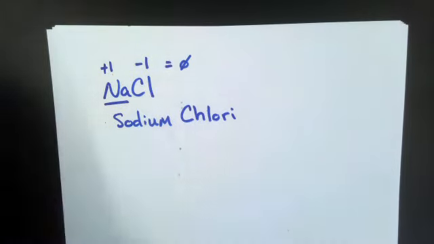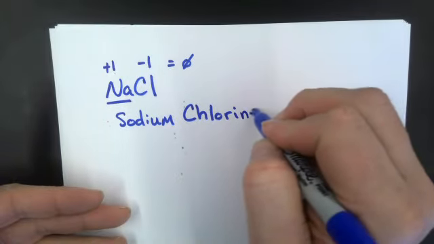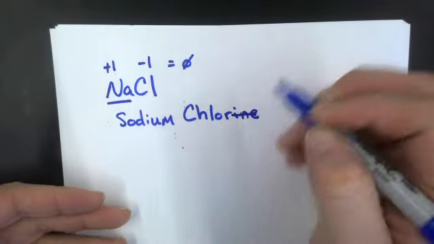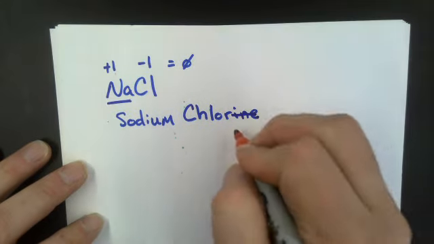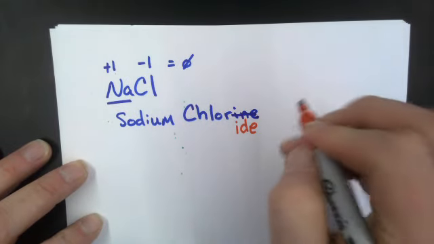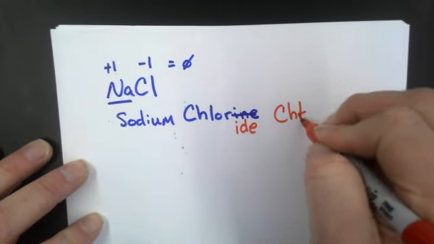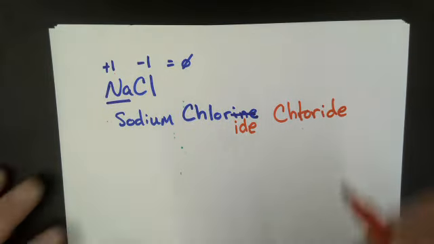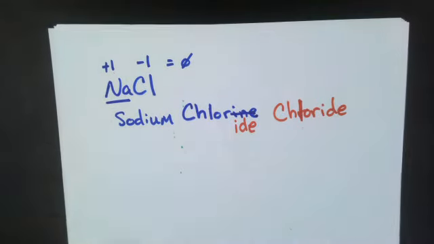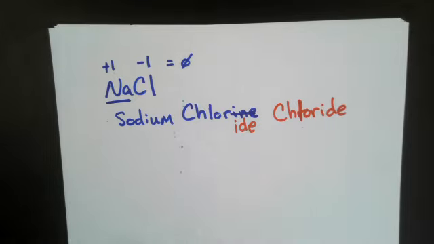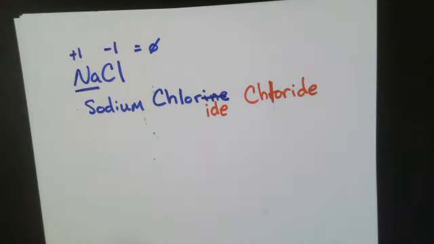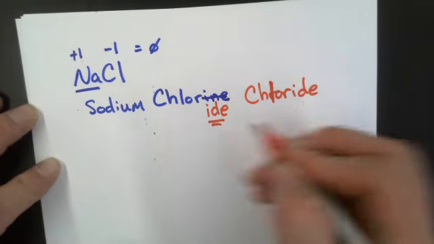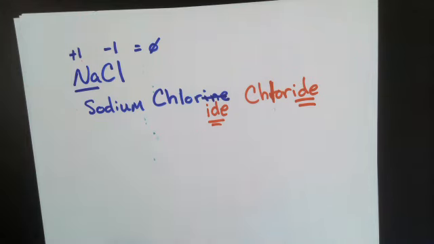So instead of chlorine, we're going to take off the last 3 letters and add the IDE to turn it into chloride. Okay? This should be an L, and I apologize for that. So this is sodium chloride instead of just sodium chlorine. And again, the IDE ending is telling you it's part of a chemical bond.